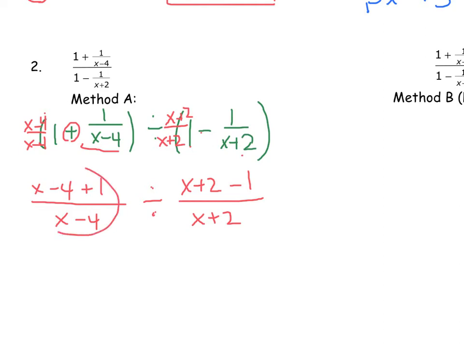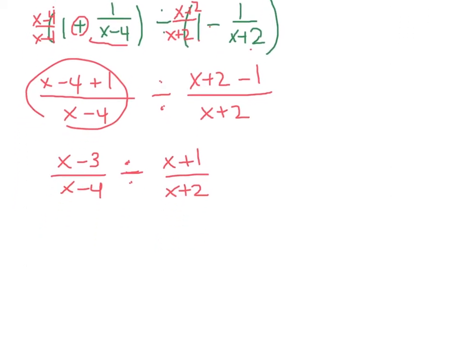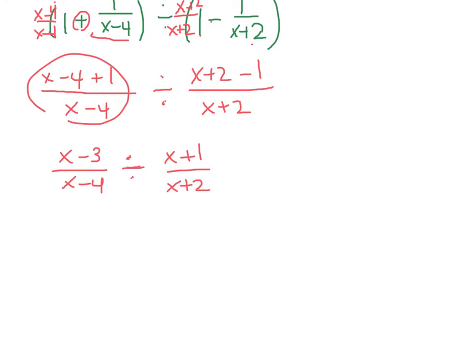The first fraction is going to rewrite as x minus 3 over x minus 4 divided by x plus 1 over x plus 2. And now it's time to perform the division. We can go ahead and write the reciprocal of the second fraction: x minus 3 over x minus 4 times x plus 2 over x plus 1.